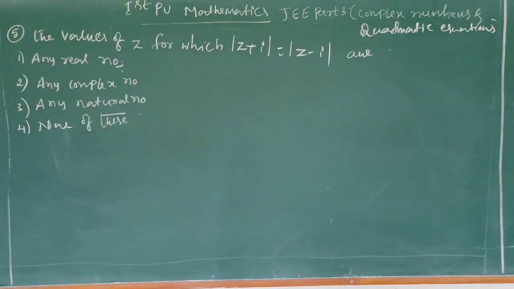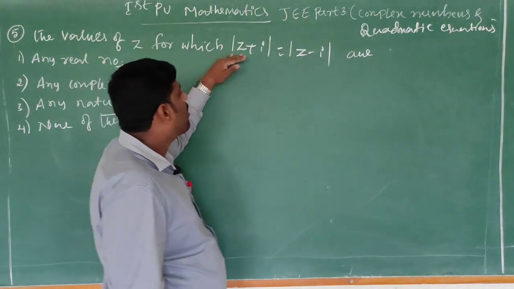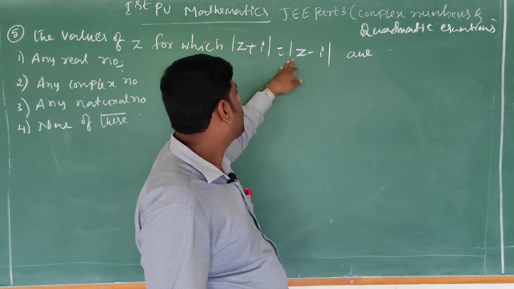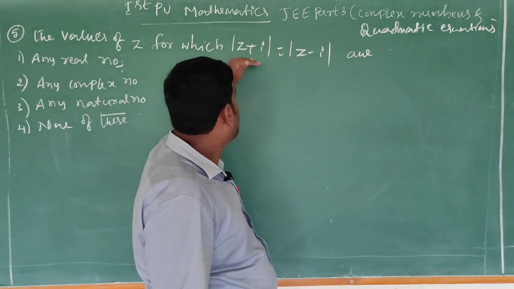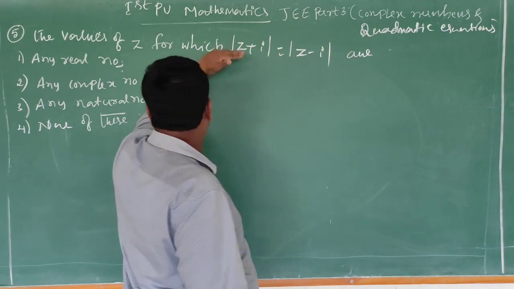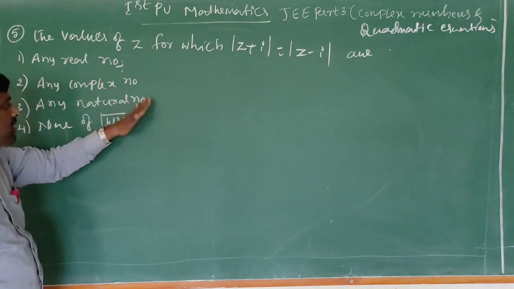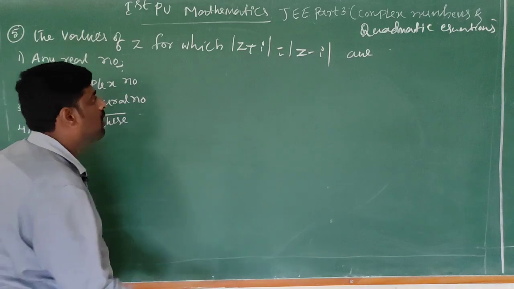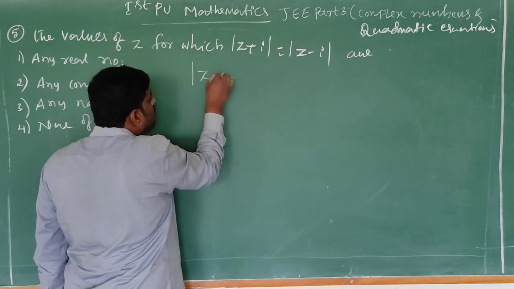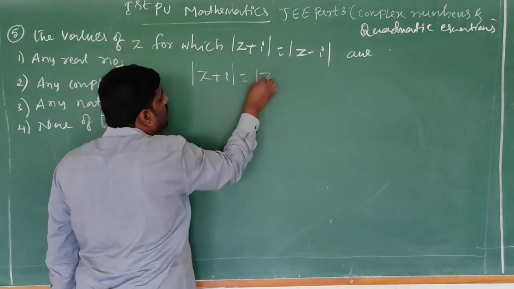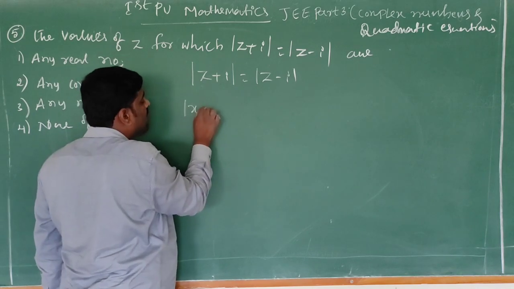Dear children, observe here. The values of z for which modulus of z plus i is equal to modulus of z minus i. So what are these? Any real number, or any complex number, or any natural number, or none of these. Here z means x plus iy.